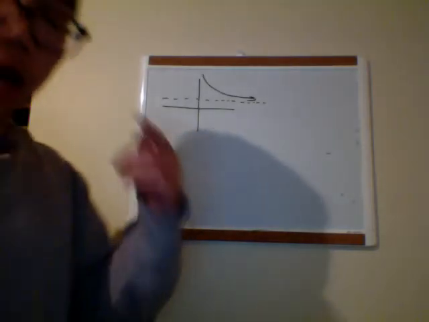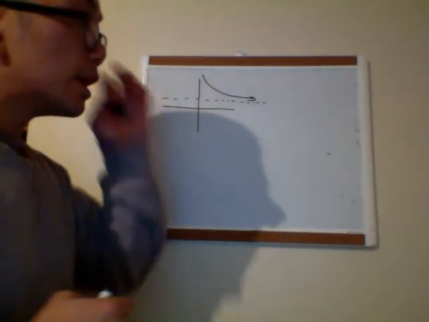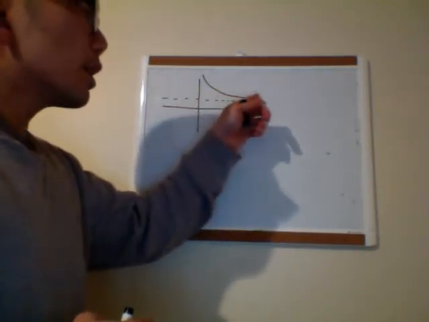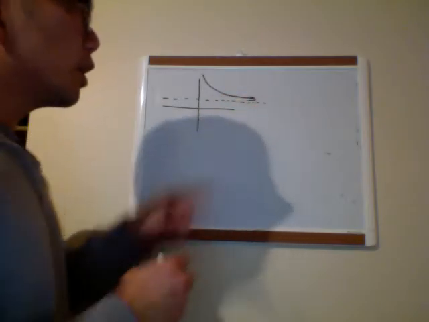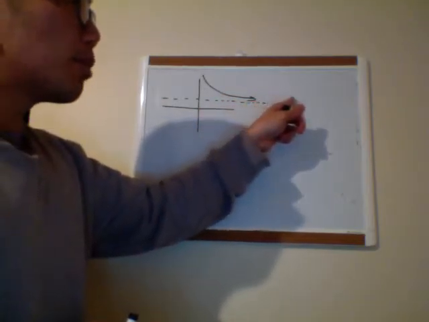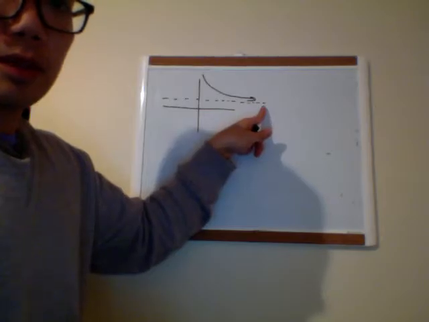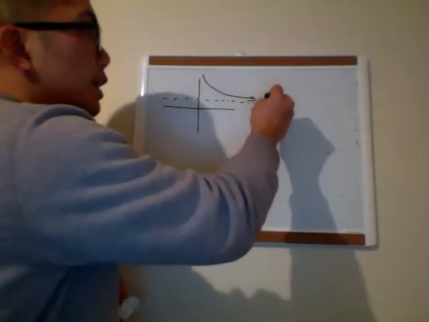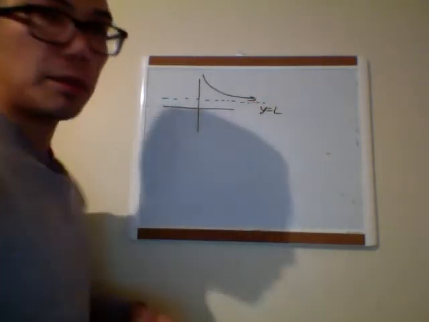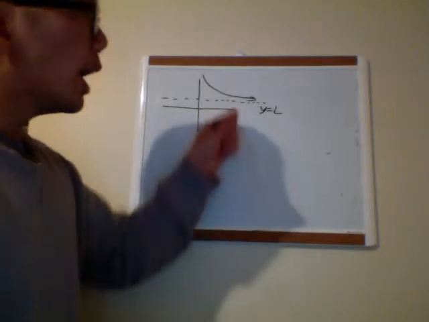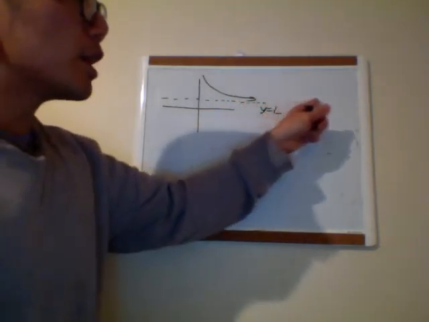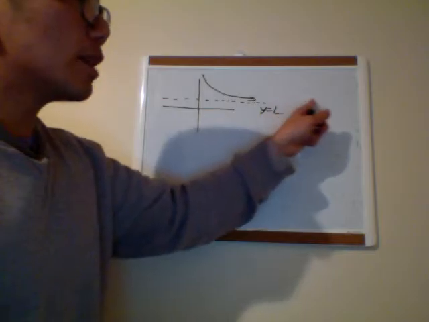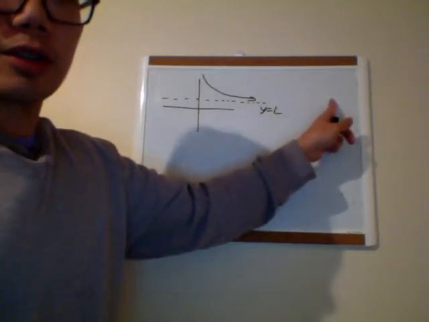The idea of a horizontal asymptote is that the graph is going to keep approaching this value, y is equal to L, being some number. And it's going to keep approaching it as x gets infinitely larger.